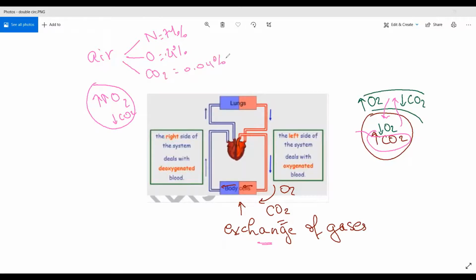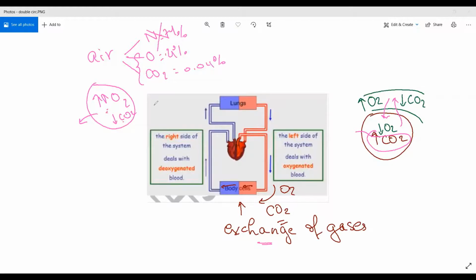It means that when we breathe in, we are breathing all these gases into our lung, but nitrogen will not pass to the blood. These are the gases that will pass to the blood. So when we breathe in, we are filling our air sacs in the lung with oxygen and a little amount of carbon dioxide.